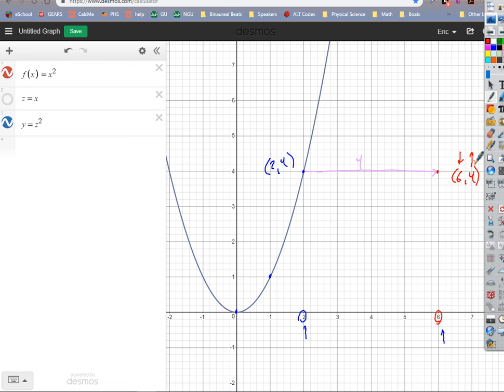How can I do that? To get a 4, what's the number I'm squaring need to be? 2. Okay, so then I've got to do something to my input. Fill in the mystery blanks.